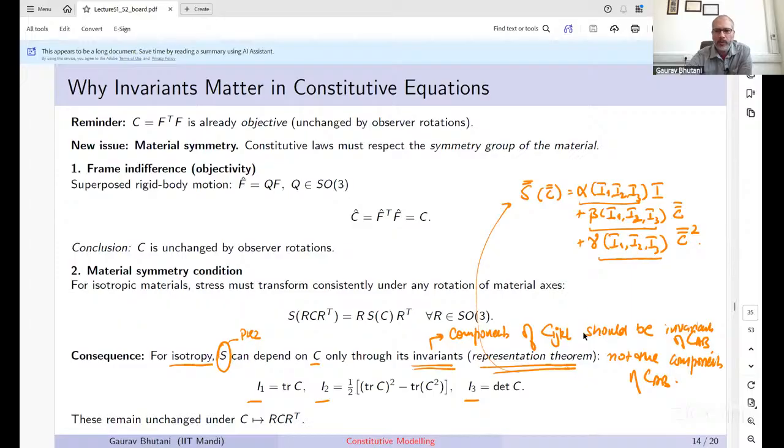All we showed was that from a general 81 component C fourth order tensor, you can apply the major and minor symmetries, go from 36 to 21, and then all the way to 2 if you have a completely isotropic material. So that's basically what we showed, but we did not show which component of C is what.